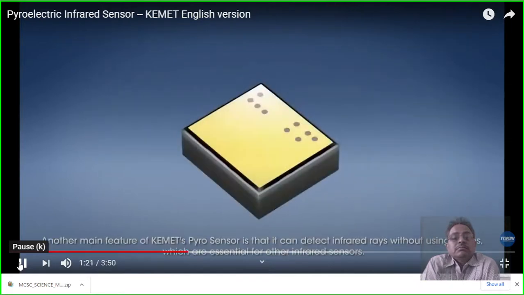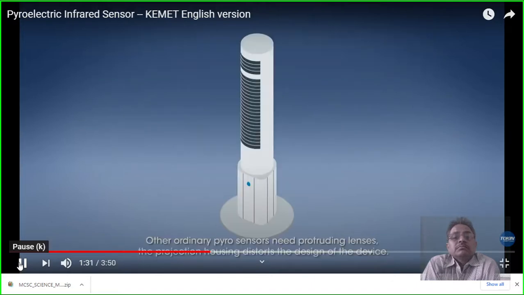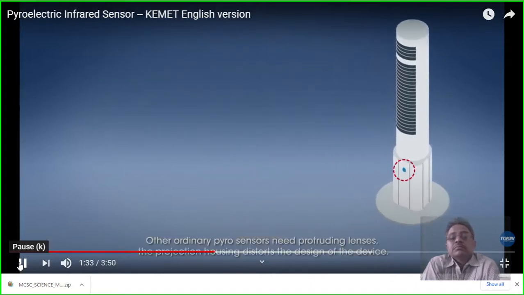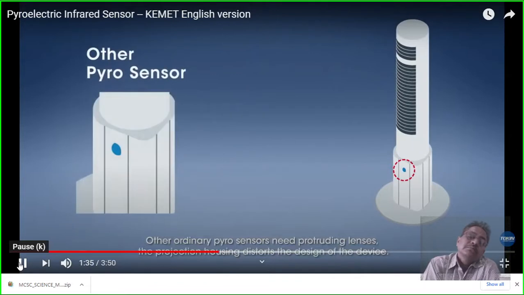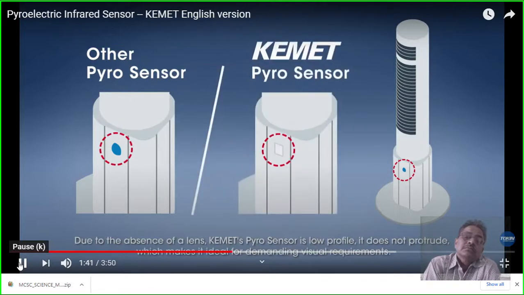Another main feature of Comet's pyro sensor is that it can detect infrared rays without using lenses, which are essential for other infrared sensors. Other ordinary pyro sensors need protruding lenses. The projection housing distorts the design of the device. Due to the absence of a lens, Comet's pyro sensor is low profile. It does not protrude, which makes it ideal for demanding visual requirements.